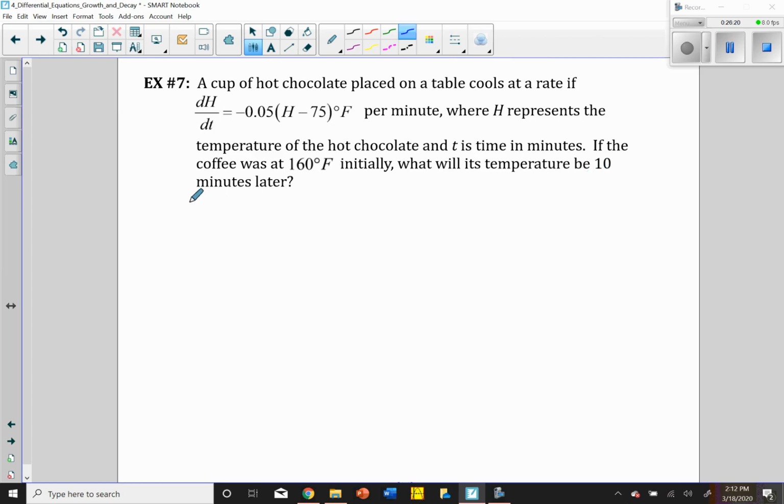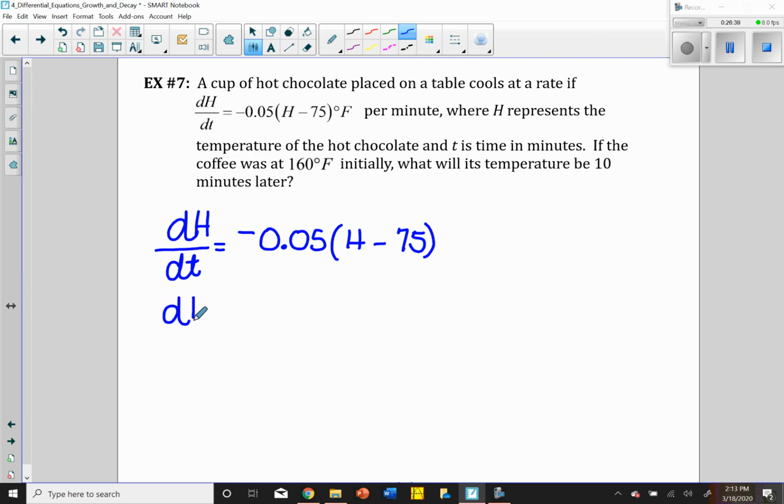later? So we have dH for hot chocolate over dt is negative 5/100 times H minus 75. And we want to separate those variables. So dH over H minus 75 is negative 0.05 dt.